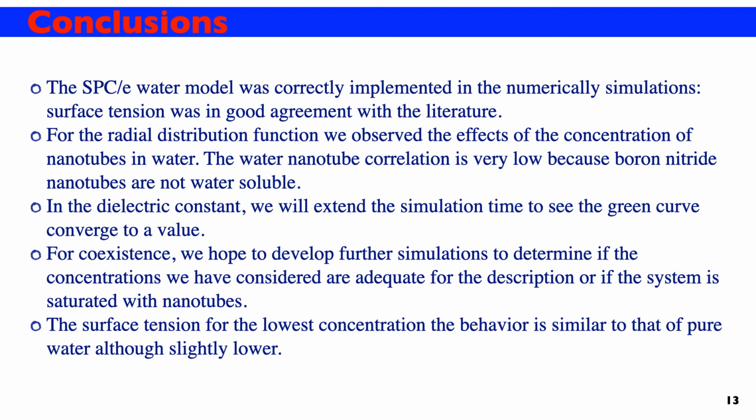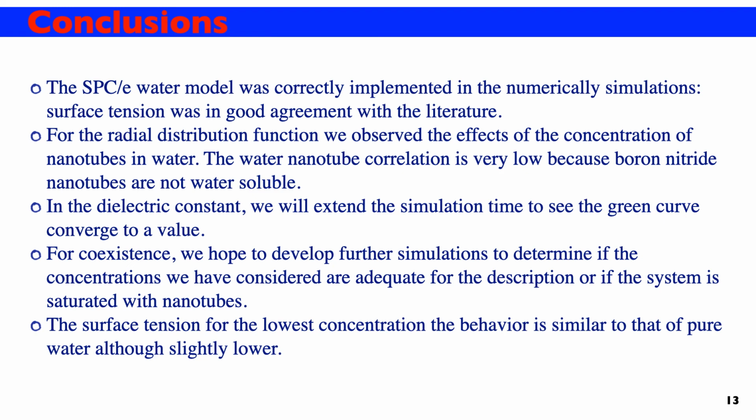For the radial distribution function, we observe the effect of the concentration of nanotubes in water: the volume increases to maintain the fixed pressure, and this generates a lower interaction of atoms of one nanotube with another. So the water molecules got closer to each other, and the correlation between water molecules and nanotubes is very low because boron nitride nanotubes are not water soluble.